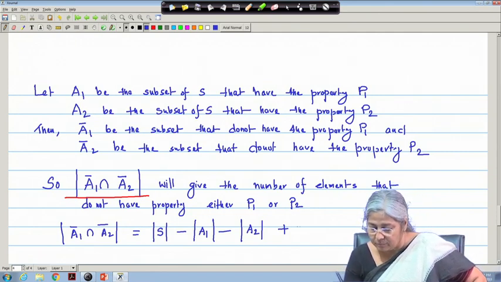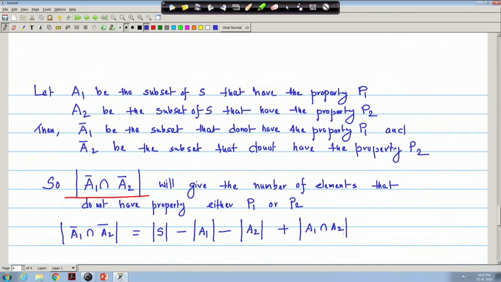So, we must add that number, which have both properties P1 and P2, that is A1 intersection A2.